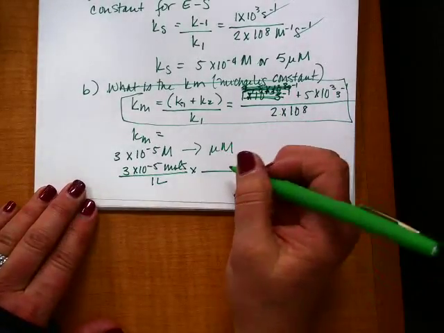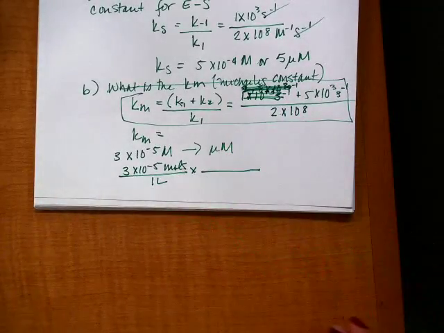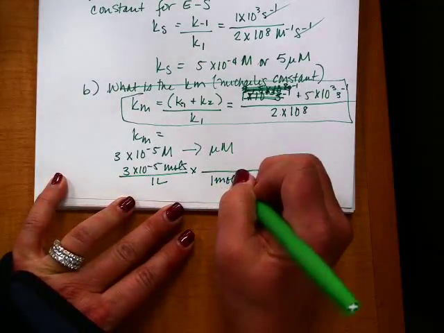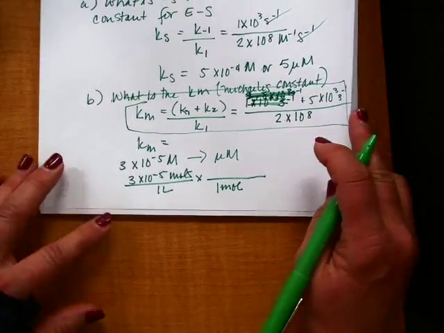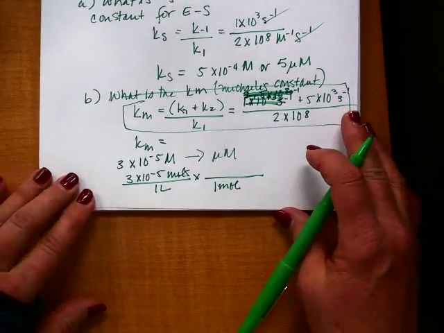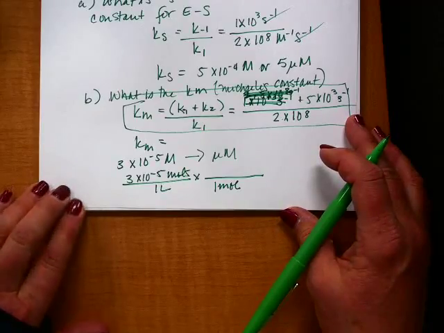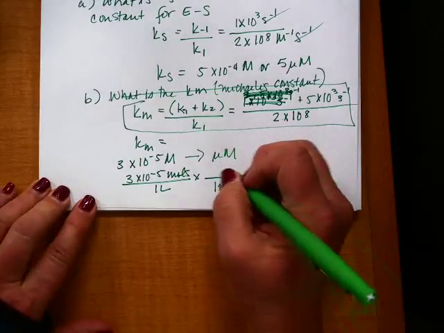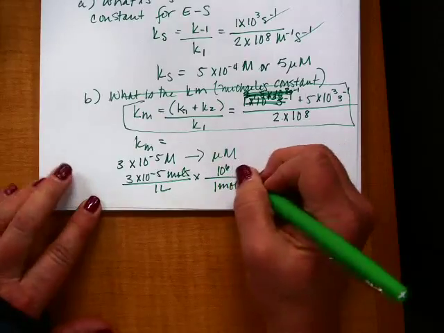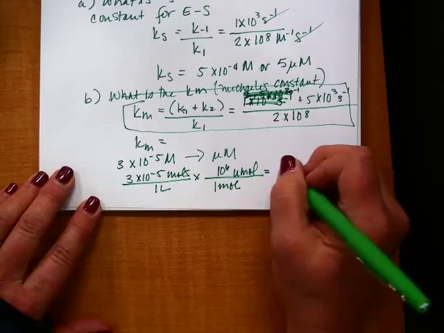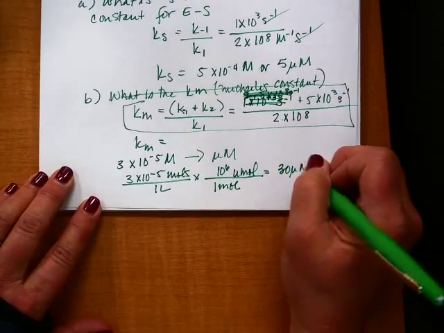I'm not doing anything with the liters, but how many micromoles are in a mole? 1 mole is equivalent to how many micromoles? Yeah, 10 to the 6th micromoles. So this becomes 30 micromolar.